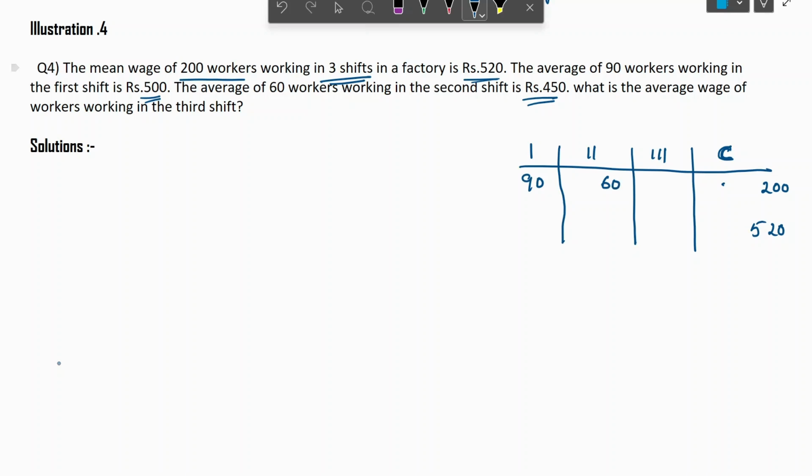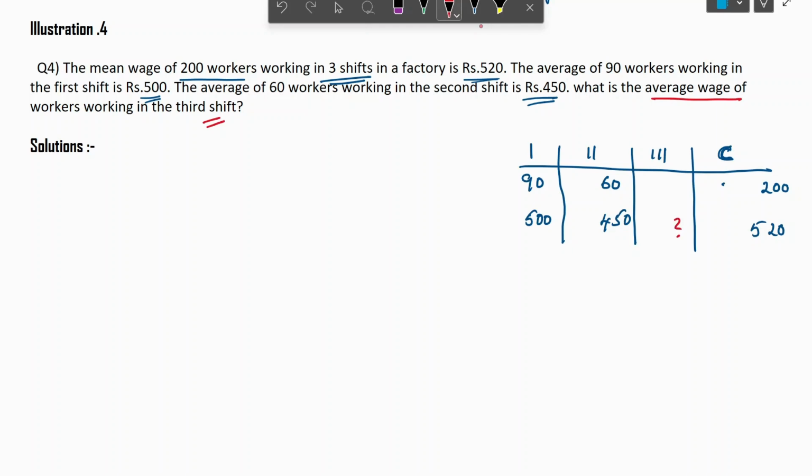First shift, 90 workers, what is the mean wage? That is 500. For 60, in the second shift, what is the mean wage? That is 450. Therefore, what do you want to find? You want to find the average wage of workers in the third shift.